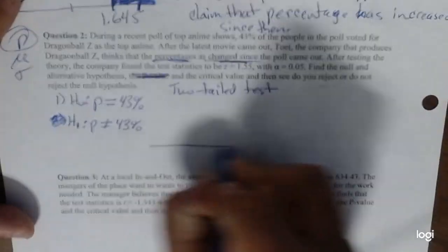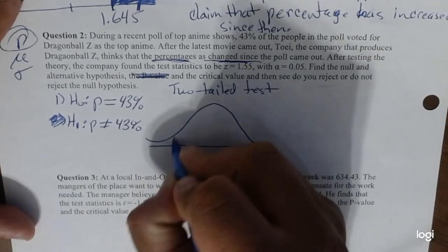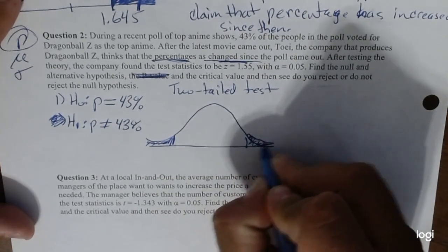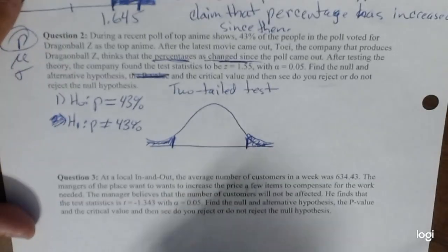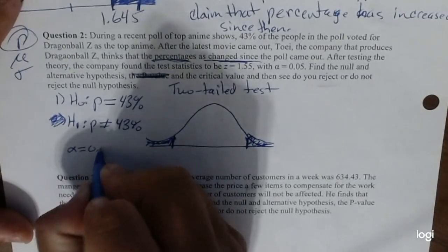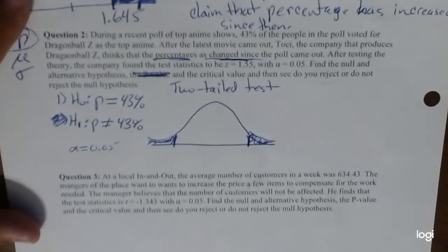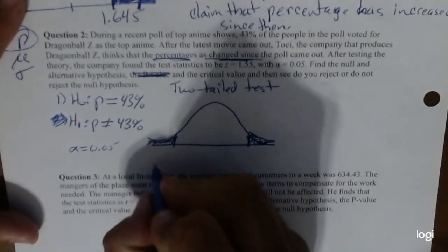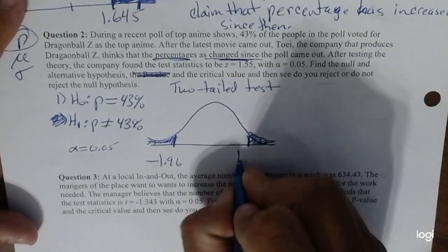Once we come to this portion, when it comes to the graph, we're going to be shading both tails. Given alpha being 0.05 again, and since it's p's, we're using z-scores. I'll give you guys a quick second to find our two critical values. Again, it should be plus or minus 1.96, so negative 1.96 and 1.96 positive.